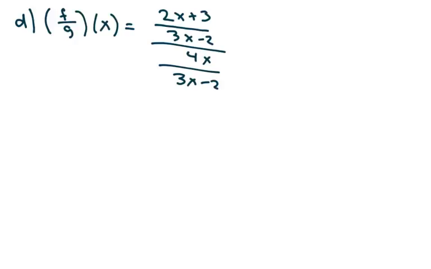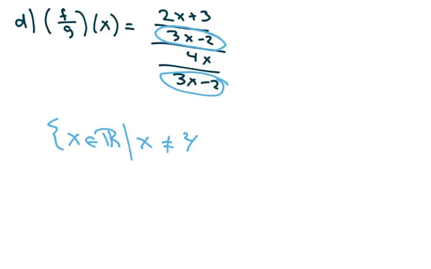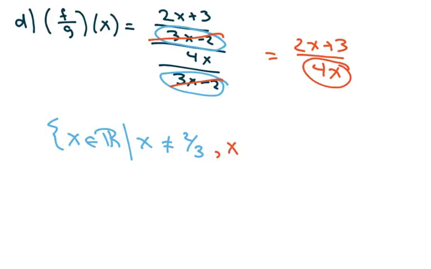Now, before we get started, right away, before we can cancel things out, we want it to be all real numbers, but we know that x cannot be 2/3, or we could not even do this problem. So after this point, we can cancel this out, and we get (2x plus 3) over 4x. In this case, we also know that x can't be 0. So we have an additional value that x can't be when you divide. So that's your domain for that.